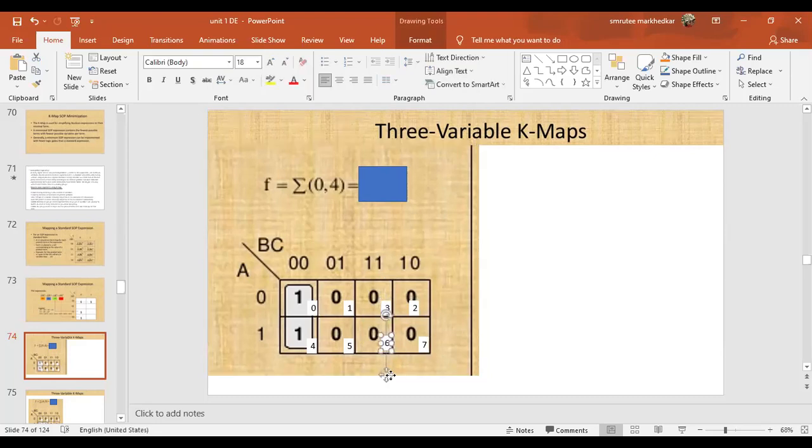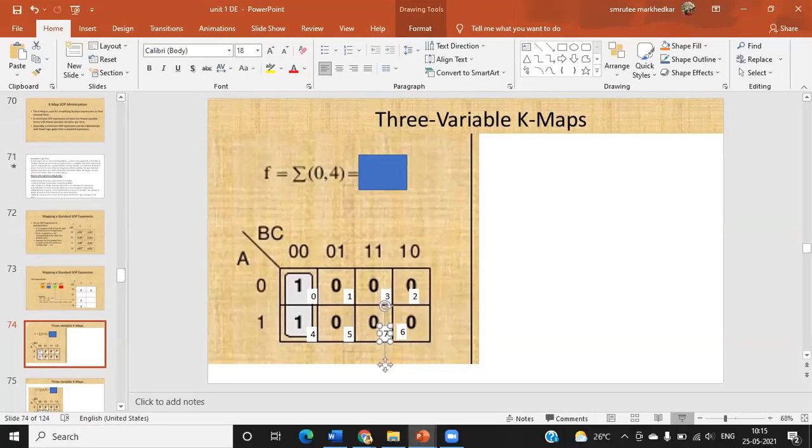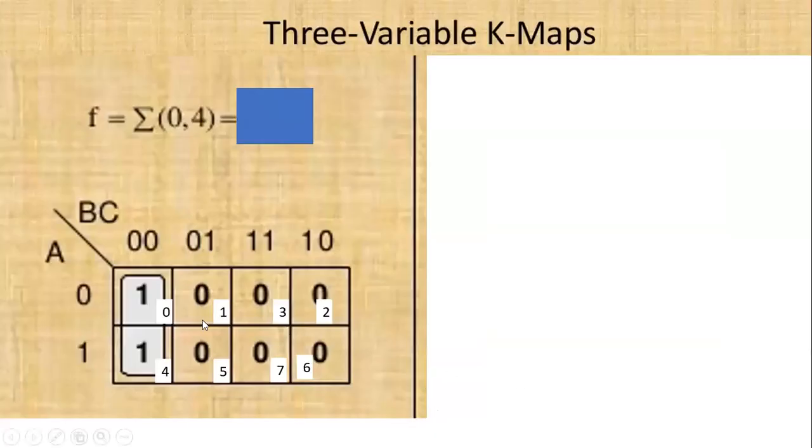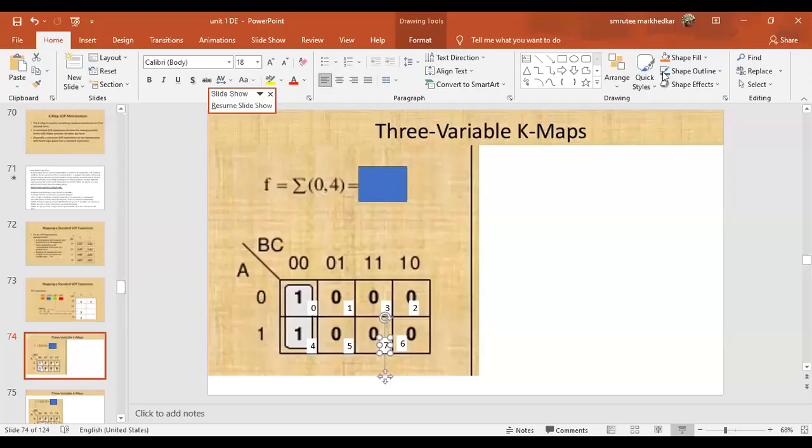The 4 should come here and 5 should come here. So now how it looks like? It is actually 0, 1, 2, 3 and 4, 5, 6 and 7. So what we have done, we have filled as 0, 1, 2, 3 and 4, 5, 6 and 7.